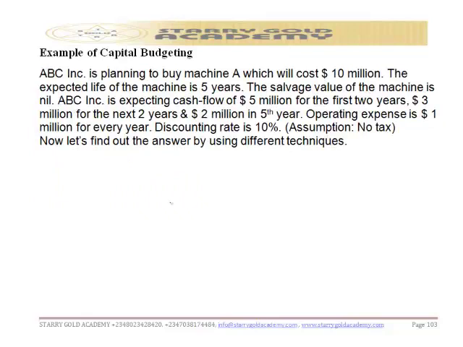Let's go. The example we have on the screen says ABC Incorporation is planning to buy machine A, which will cost 10 million. Please note all this. The expected life of the machine is 5 years. The salvage value of the machine is nil.